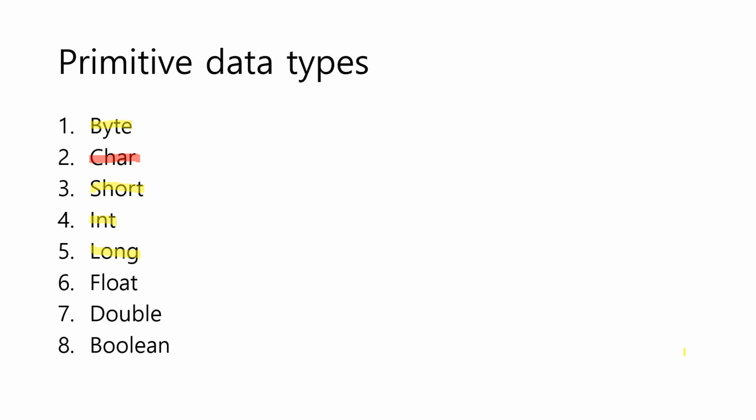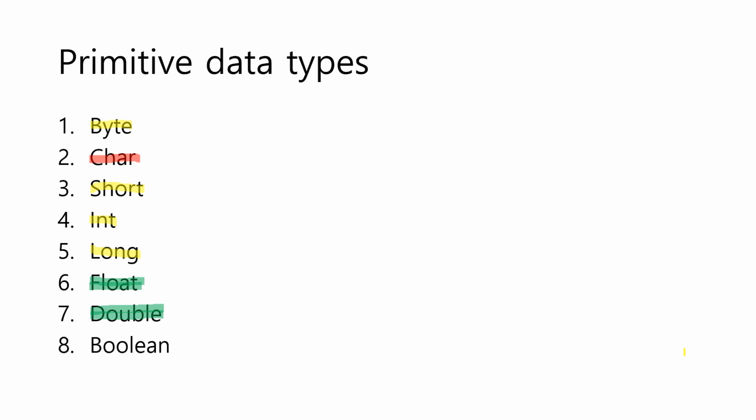The next data type is the float data type. Float data type is also for storing numbers, but it's a little different. Float data types and double data types have the capacity to store numbers that have decimal digits in them, like the 10th digit or the 100th value.